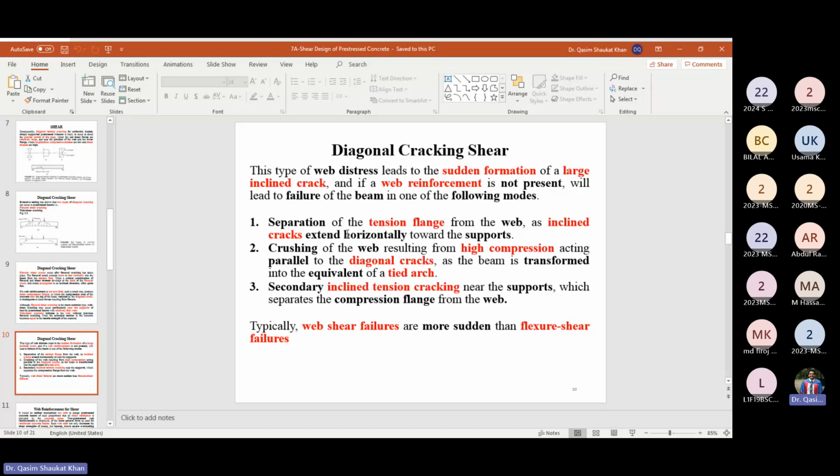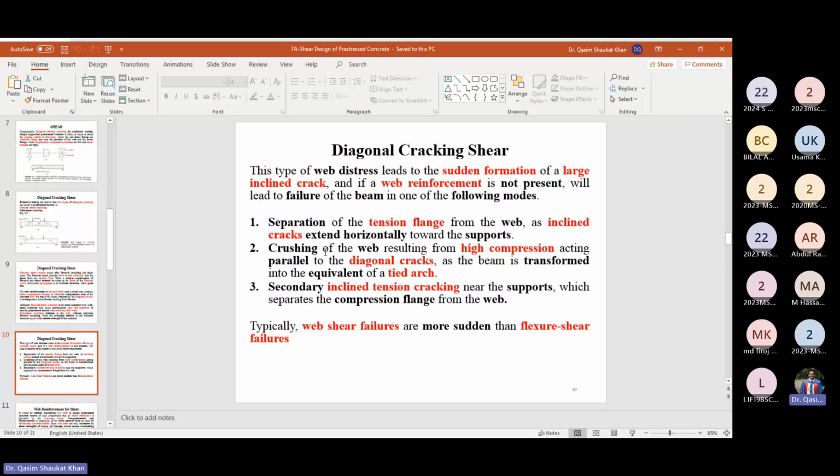Horizontally means these are your flexure shear cracks, which are almost horizontal, less inclined, or more flat.